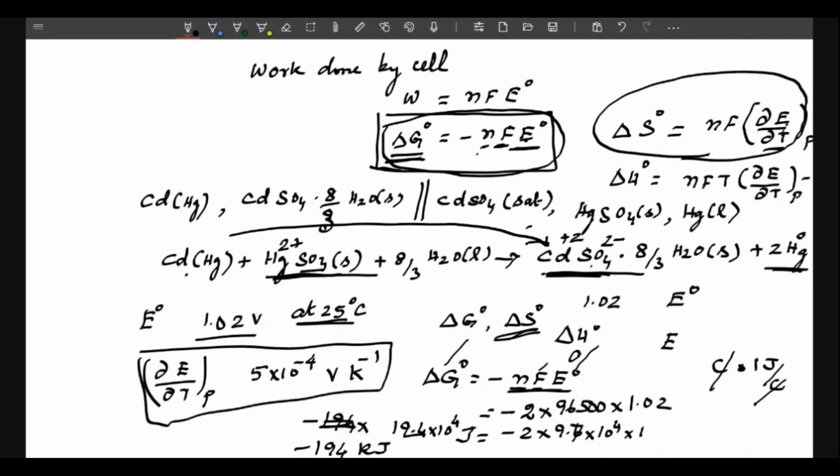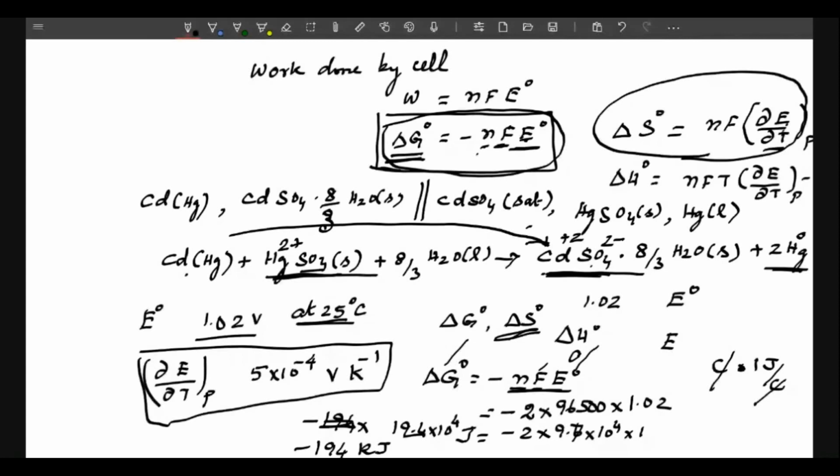Or in some other way, they may be giving the EMF at two different temperatures. And if it is given at two different temperatures, you can calculate dou E by dou T. Then apply this one. Now we will calculate delta S is equal to 2, number of electrons, 2 into 9.7 into 10 power 4 into this temperature coefficient 5 into 10 power minus 4.